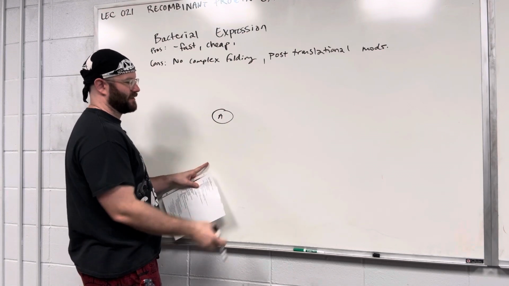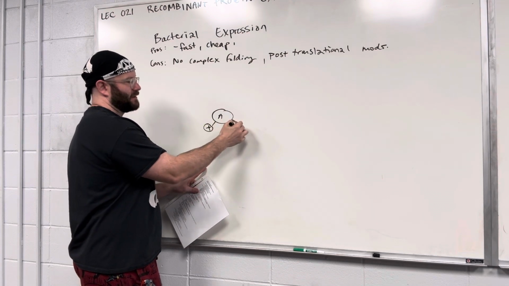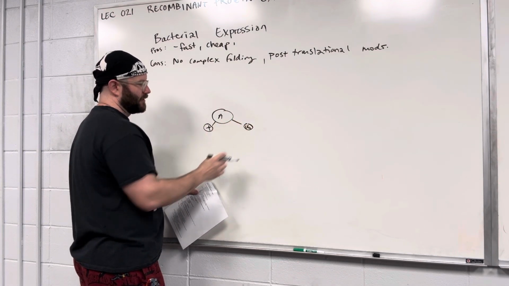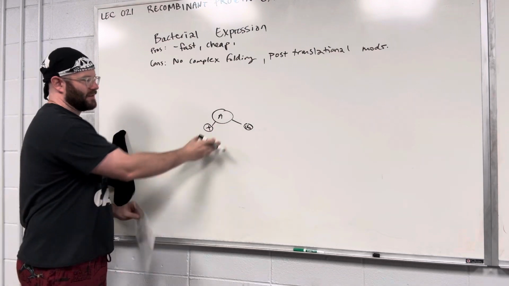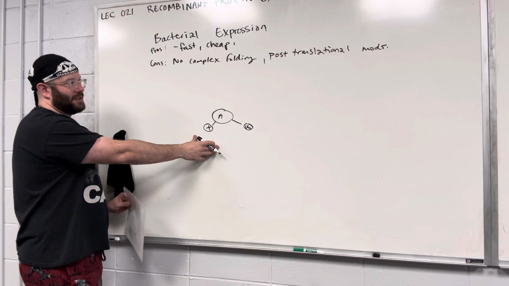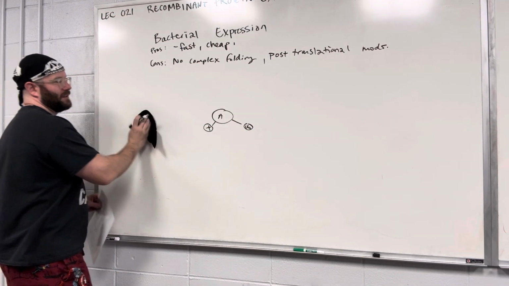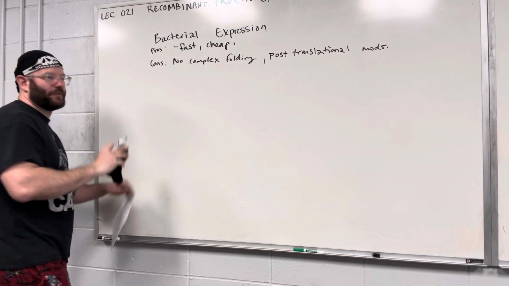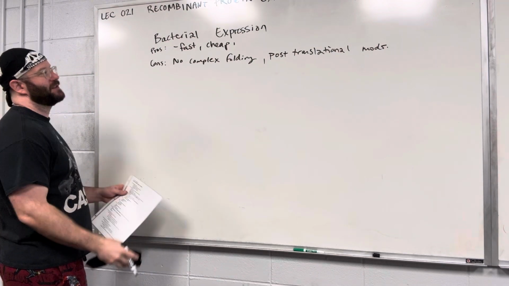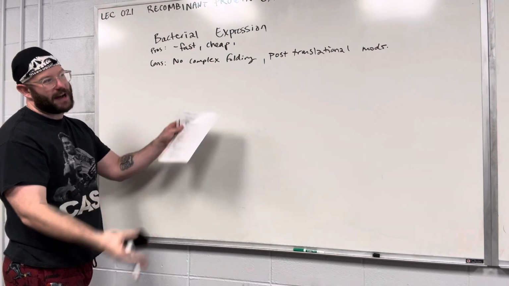Often a series of enzymes come in and make modifications, adding different groups, and then maybe this is the protein that actually does the functionality. So if you have a more complicated protein that requires post-translational modifications, E. coli might not be the best setup for that. But for the vast majority of simple proteins, if you can do it in E. coli, that's the best case scenario, because you could just grow vats of E.